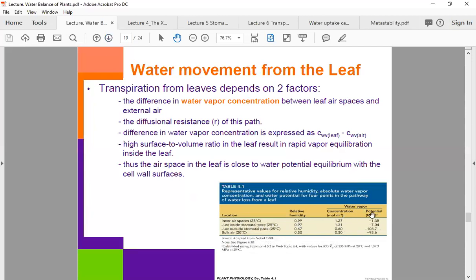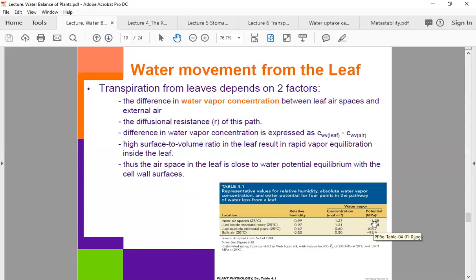What about the water potential in megapascals? There it is, negative 1.38. Just inside the stomatal pore within the leaf, still almost at saturation but a little bit lower than the inner air spaces, 0.97. But look at the difference that makes to the actual water potential itself.